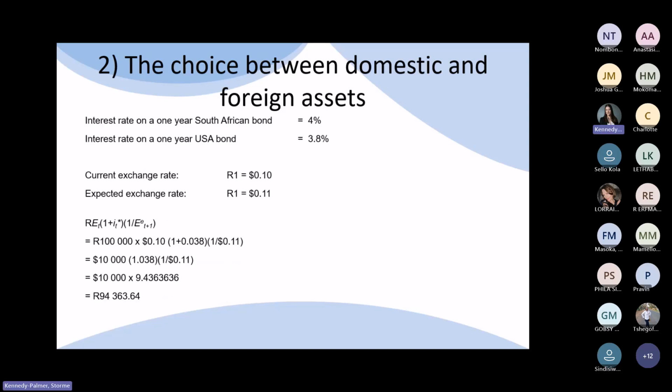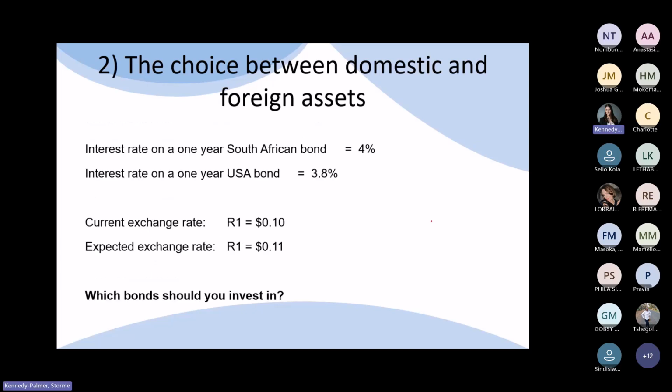So if we input all of our given information into that formula, we'll see that we get 363 Rand 64 cents at the end of the day. So we've actually lost money by investing in USA bonds. So which bonds should you invest in? I think it's very clear that we would, in this case, invest in South African bonds.